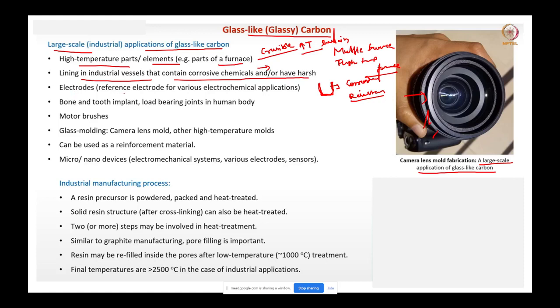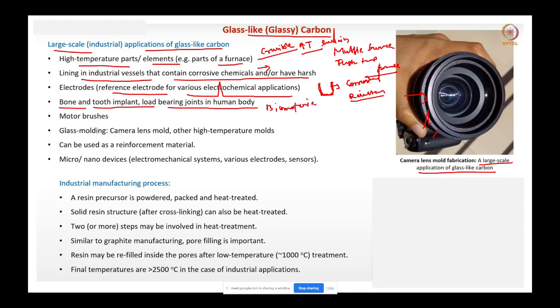Now the electrodes, as you said, we can use this as a reference electrode or for various electrochemical applications also. We can use this as a bone and tooth implant, load bearing joints in the human body. Okay, so when you have any kind of fracture like a knee joint or hip joint or anywhere, you can use this material as a biomaterial.